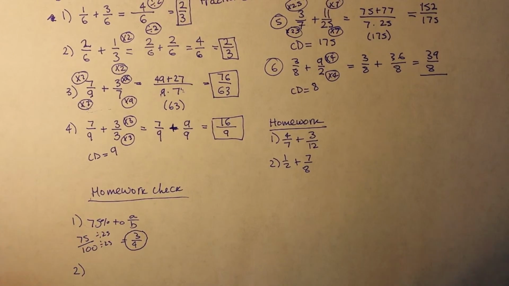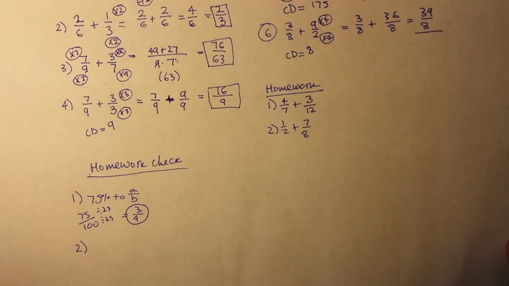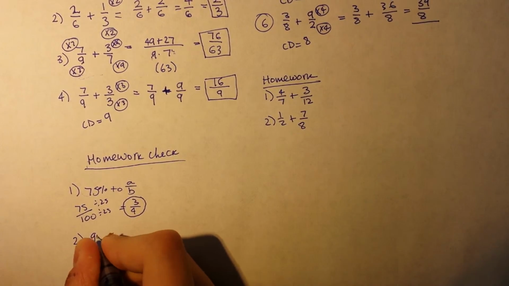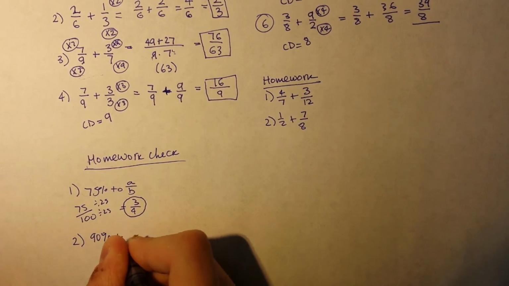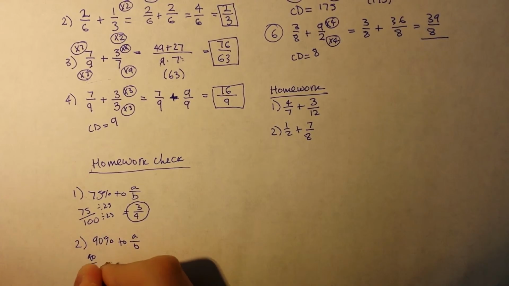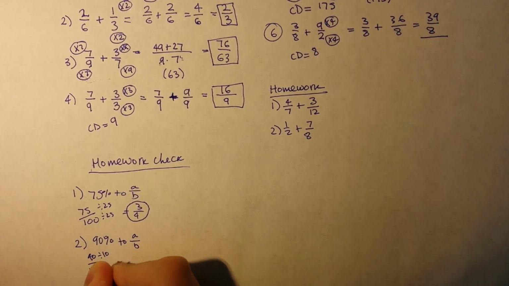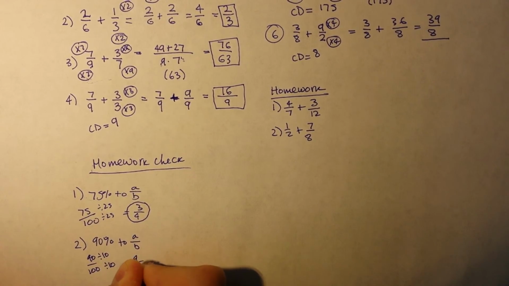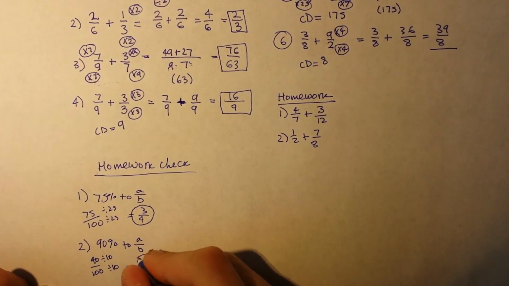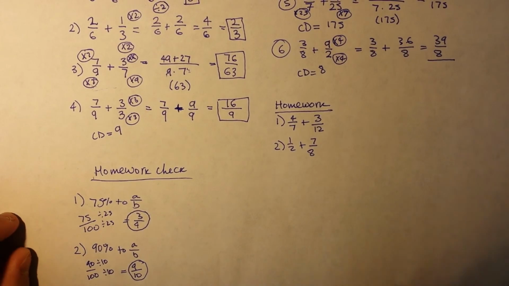For number 2, we already have 90% to A over B. So 90 per 100, we may divide them both by 10, which is equal to 9 over 10. And 9 over 10 will be our simplified answer.